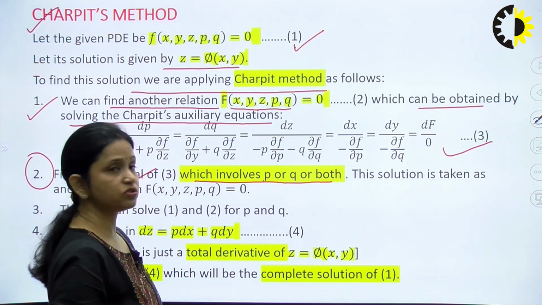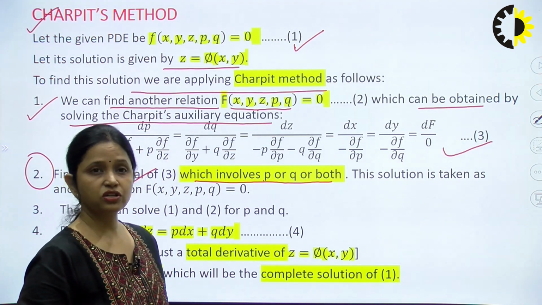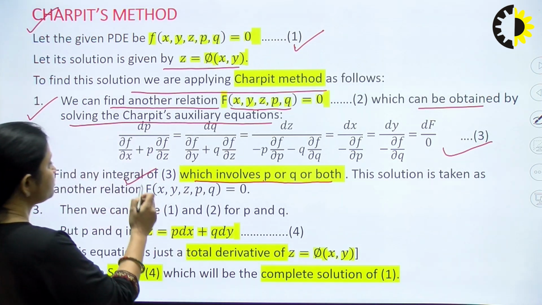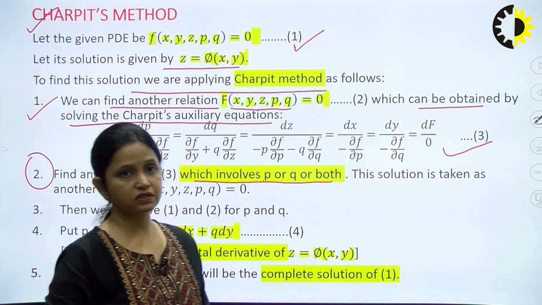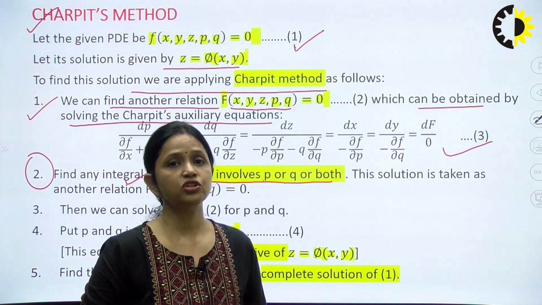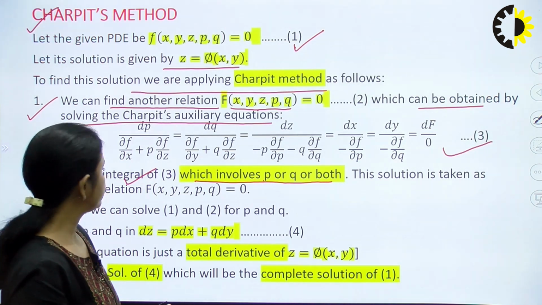To find the solution, we are going to apply the method of grouping, just like we do in Lagrange's method. What we have to do? We will select a pair of fractions from equation 3 which can be solved easily by direct integration, and the resultant integral should contain p or q or both.